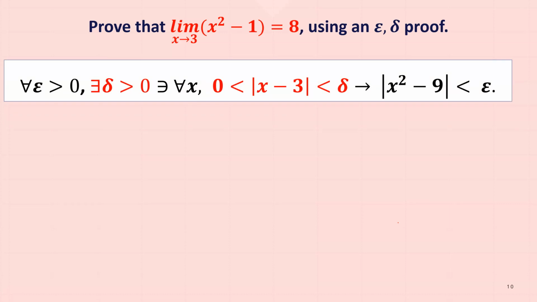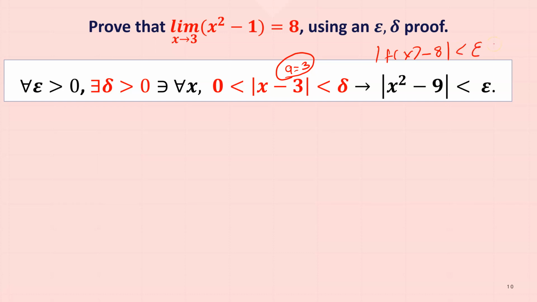In order for the limit to be 8, we would say: for all epsilon greater than 0, there's a delta such that if x is within a delta neighborhood of 3, in this case a is equal to 3, then f of x minus L, which is 8, has to be within that epsilon distance.